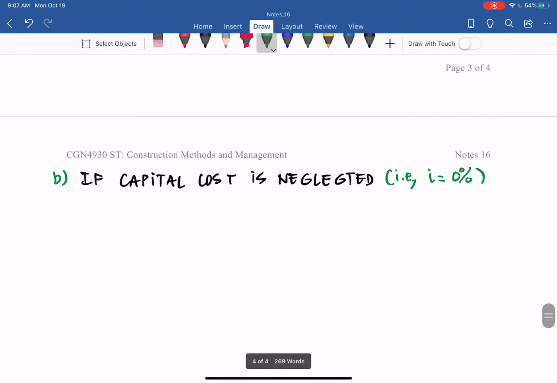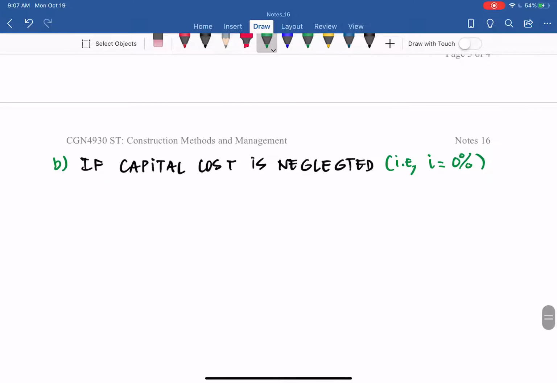So we go back and rewrite here. To break even, CF1 has to be equal to CF2 to be even.